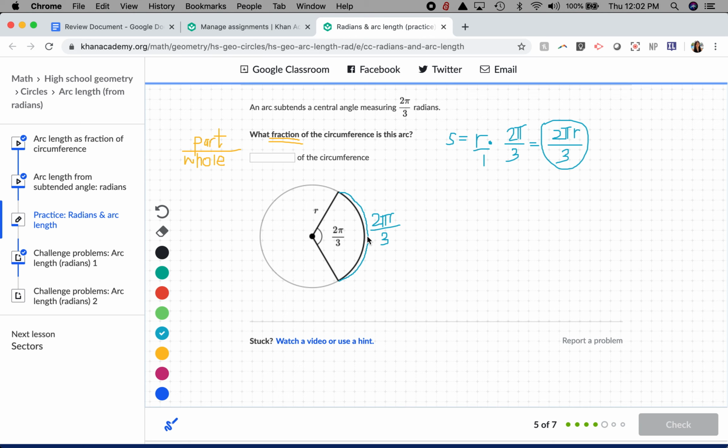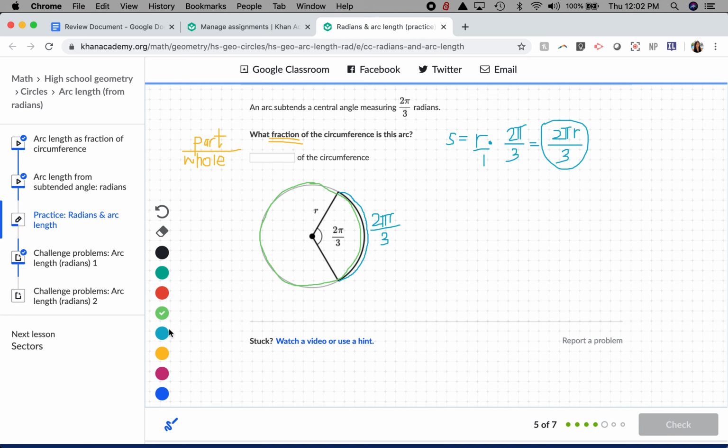Now the question is, what fraction of this whole circle in green is that blue arc? In other words, out of the whole circle, what part of it are we only talking about? Well, for us to be able to do that, first we have to know the arc length of the whole circle.